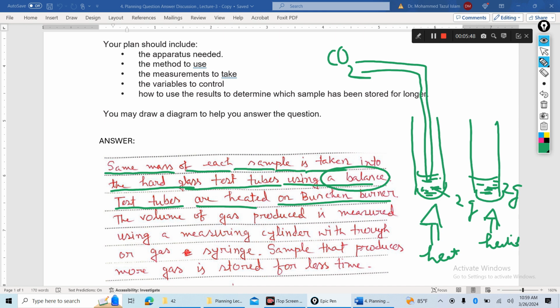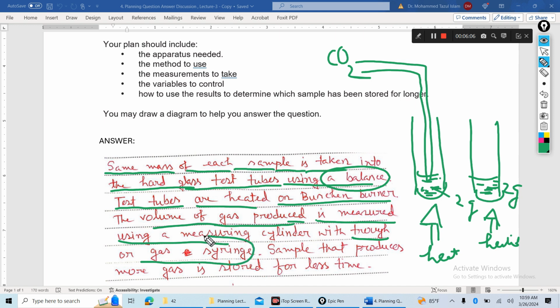When you give heat, baking soda breaks down to produce carbon dioxide gas. The volume of carbon dioxide gas is measured using a measuring cylinder with trough, or you can measure the volume of gas using a gas syringe apparatus. So, the volume of carbon dioxide that is produced is measured using a gas syringe apparatus.